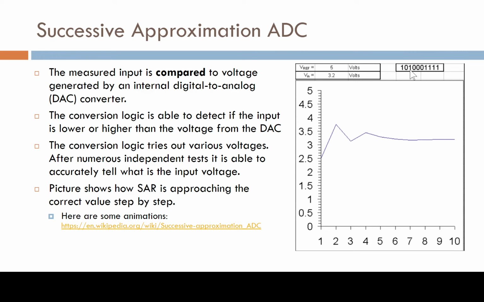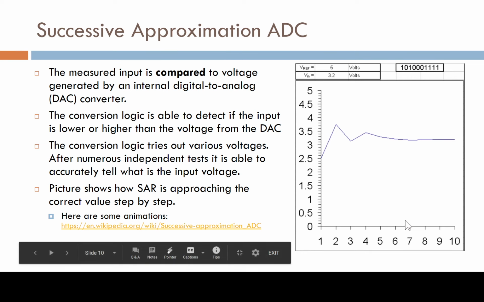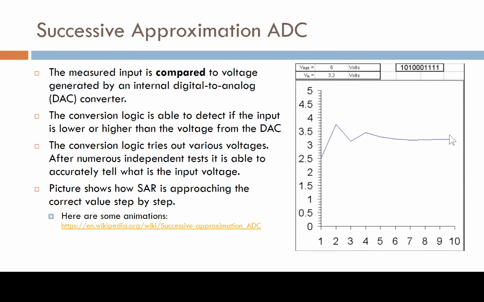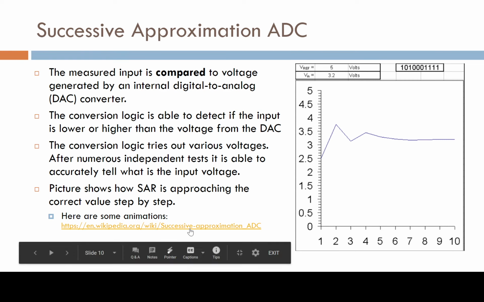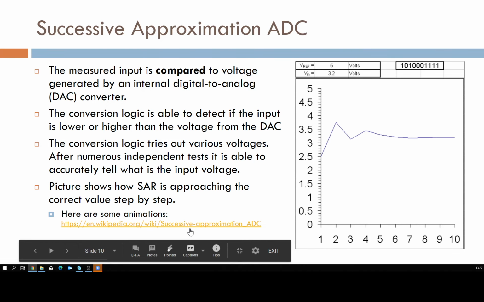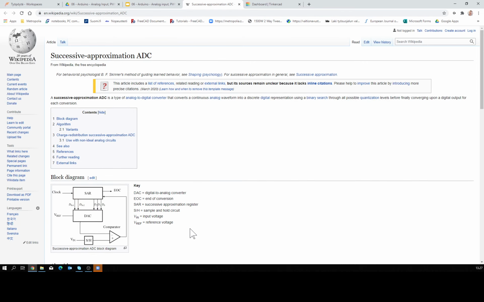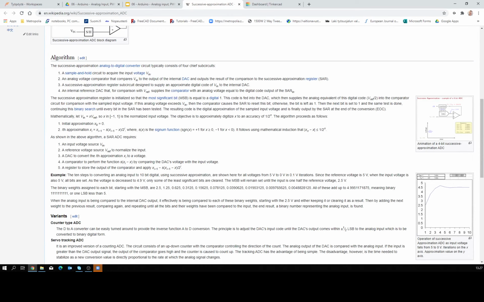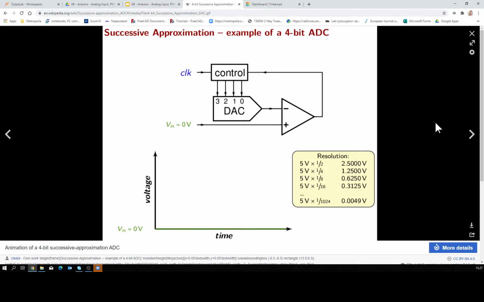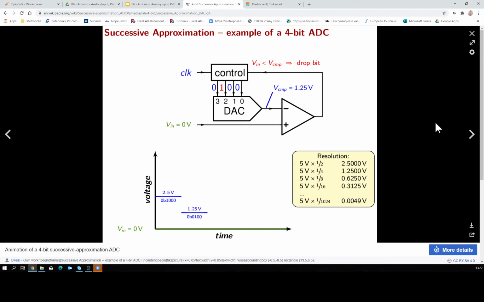By going this way, after 10 comparison cycles, you have the final A to D conversion result. I think this approximation was quite educational. Here is the animation.